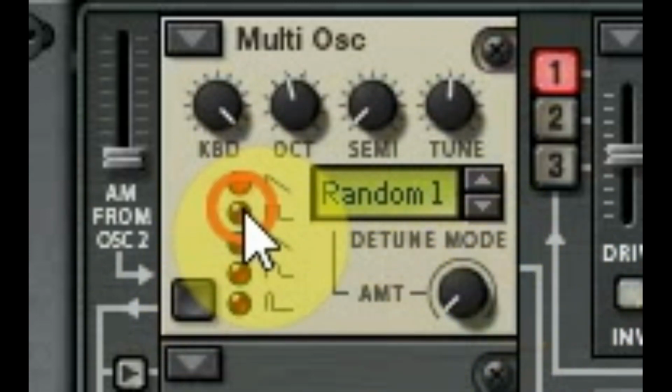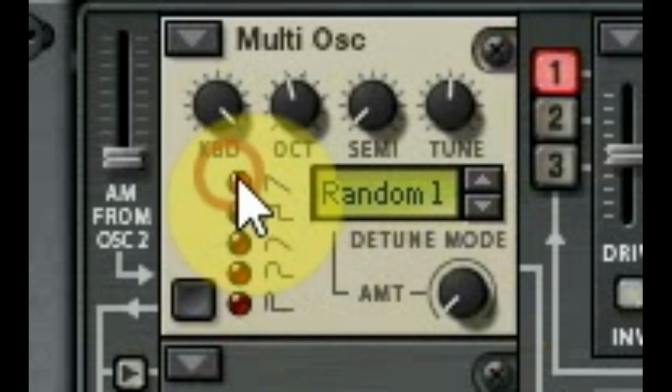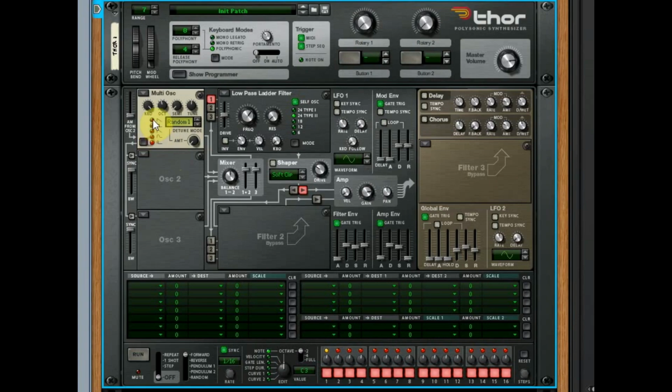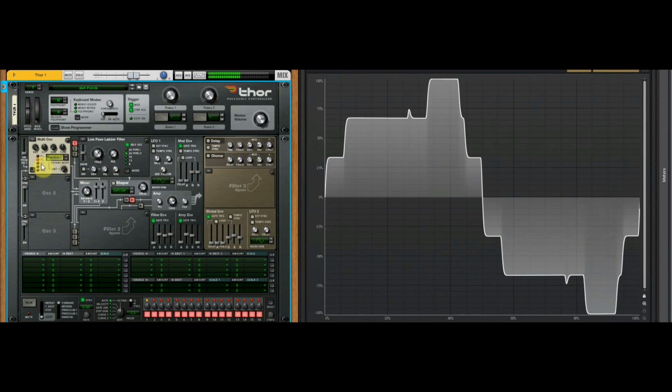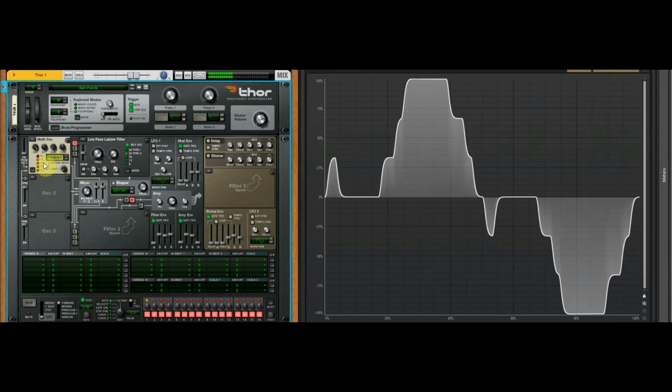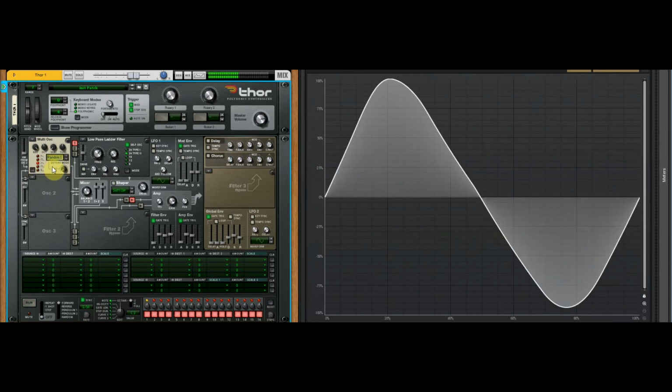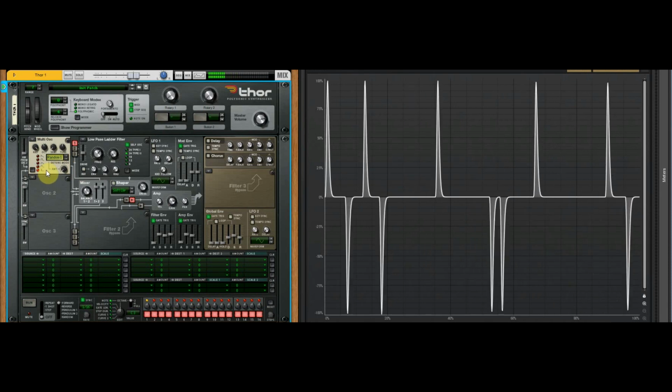So you have these base waves, carrier waves, whatever you want to call them. And then you have your detune modes and the amount that the detune mode is affected. So it's kind of a sine, kind of a different sine.